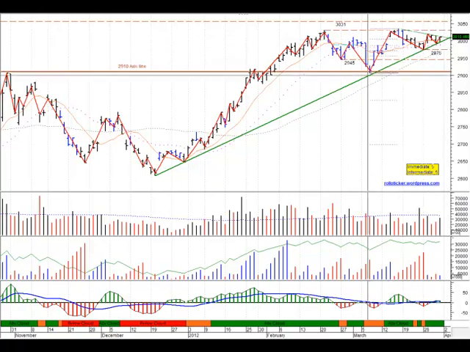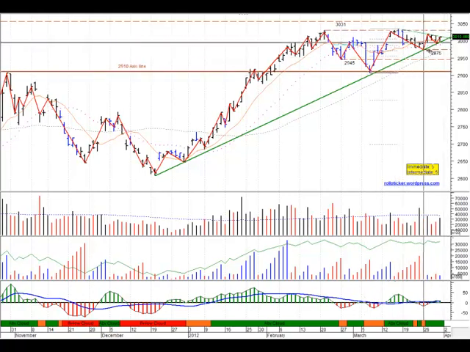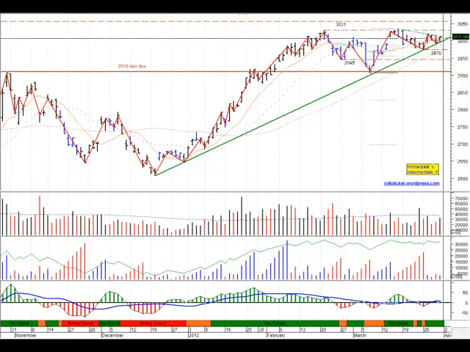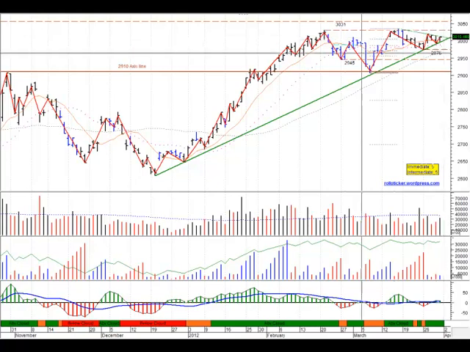Based on what we see here, the range is now contracting, and as you can see, there's an apex forming here. Next week we'll probably see a more aggressive, higher volatility move, and I would think the likely chance of it happening will be to the upside. So do watch out for that.